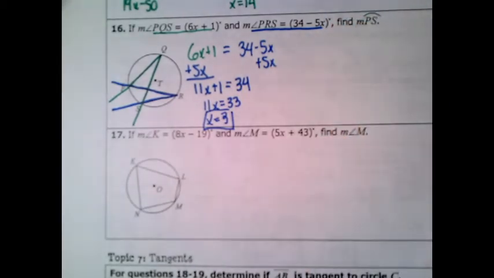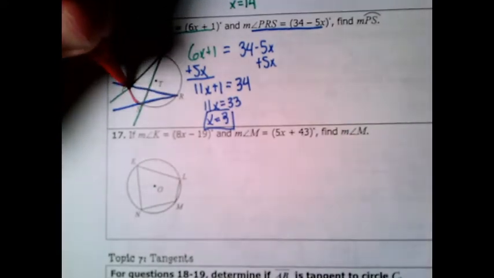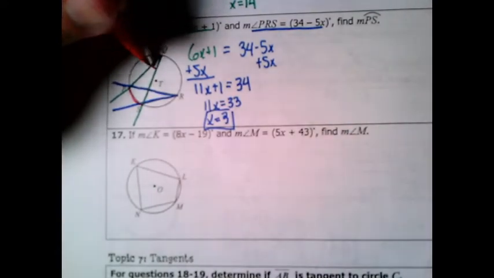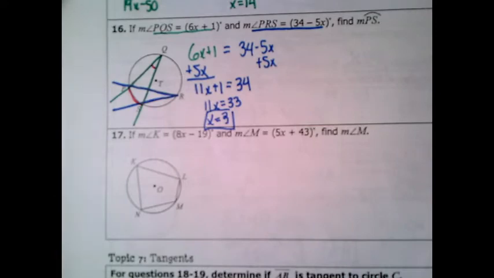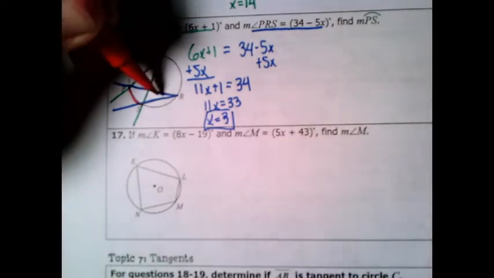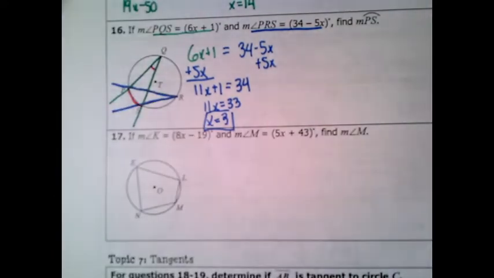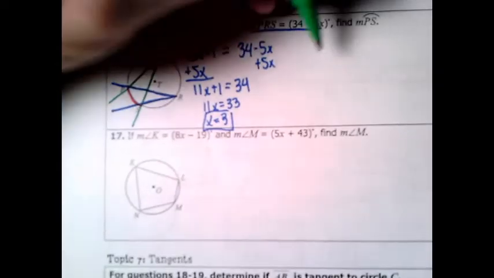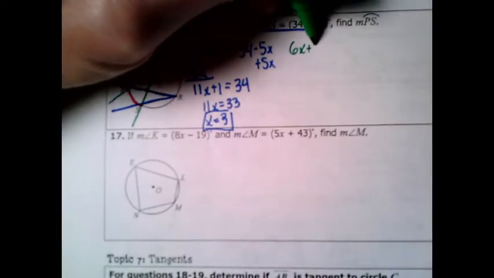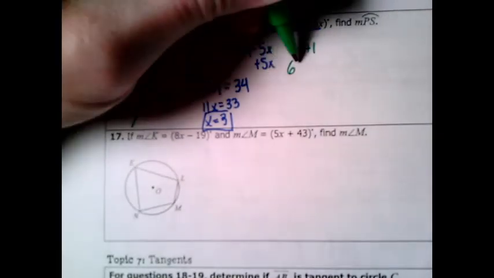So let's check it out. They want this arc. Well, in order to find this arc, I need to find this angle. So it doesn't matter. I could plug it into either one. I'm just going to do the green one. So it should be 6x plus 1. Okay. But then I'm going to plug in my 3 here.